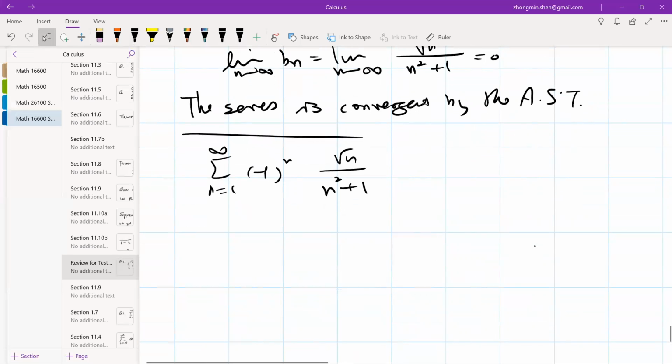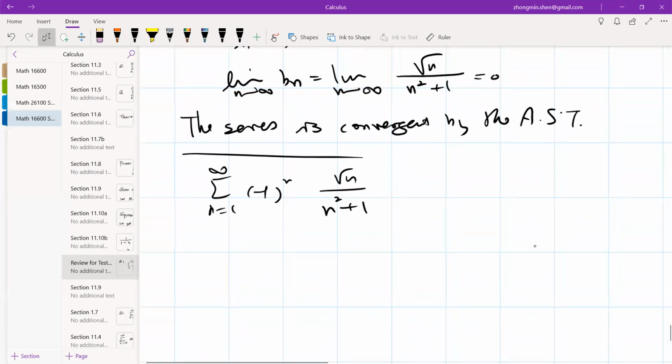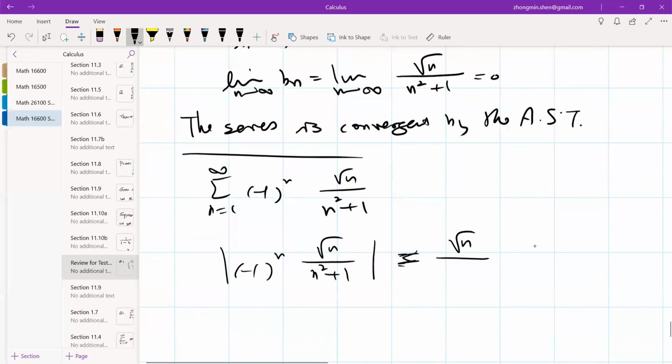So what we do is just get rid of the absolute value symbol. This is less than, or actually is equal to, but this is less than or equal to square root of n over n squared, which is 1 over n to the 3/2.